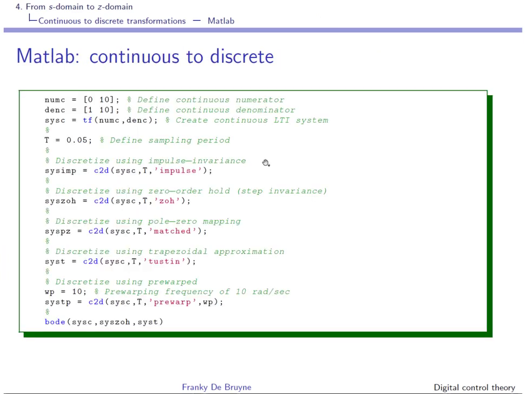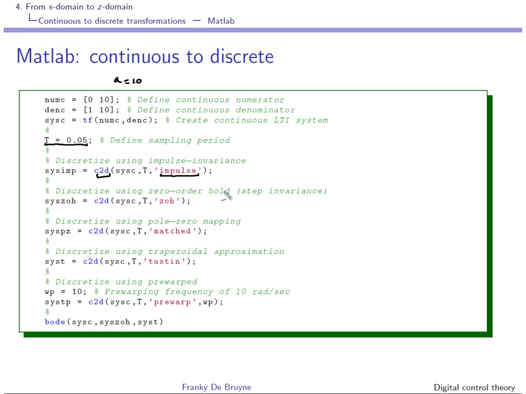Remember, this is how you can do the discretization using Matlab. You have to use the command c2d. We use the same type of system as before, but here we have chosen a equal to 10, Ts equal to 0.05 seconds. For impulse invariance, you use the argument impulse.